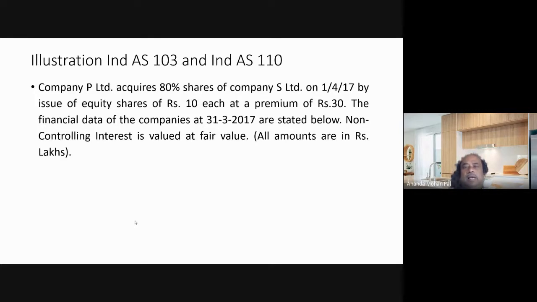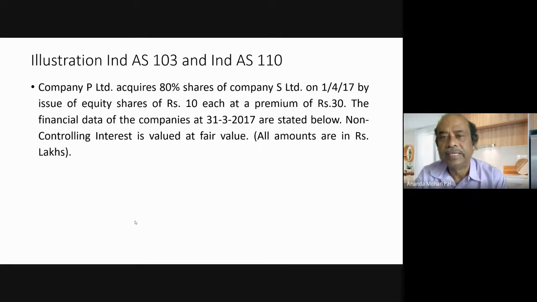Now I am coming to one simple example of consolidation, also applying Ind AS 103 as we have done in the last class.